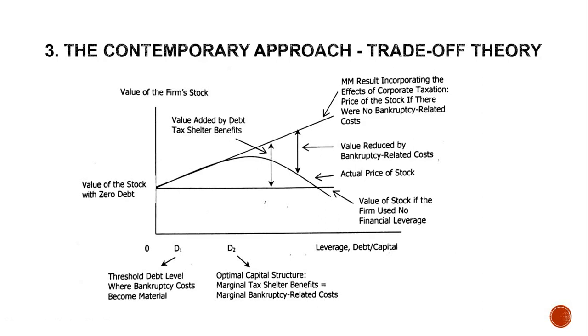Maybe the interest can no longer be paid, right? Or it may happen that the bondholders or creditors can no longer recover their investment. Okay? So this is the value reduced by bankruptcy related cost. And then we also have here the actual price of stock. Okay, so it increases.